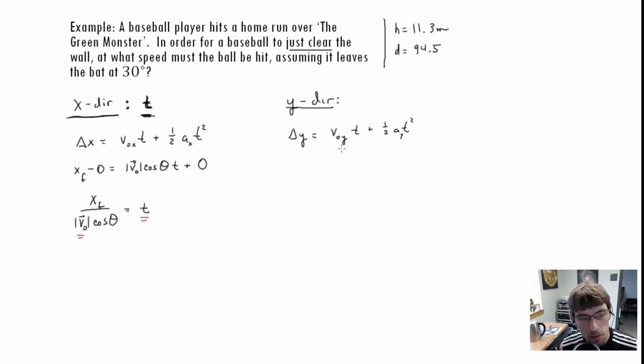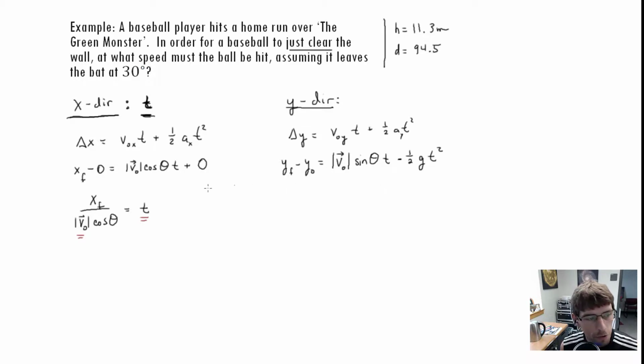So let's go through and substitute in our zeros. Put y final, which we know, and minus y naught, again, which we know, equals v naught magnitude sine of theta t minus 1/2 g t squared. Cool.